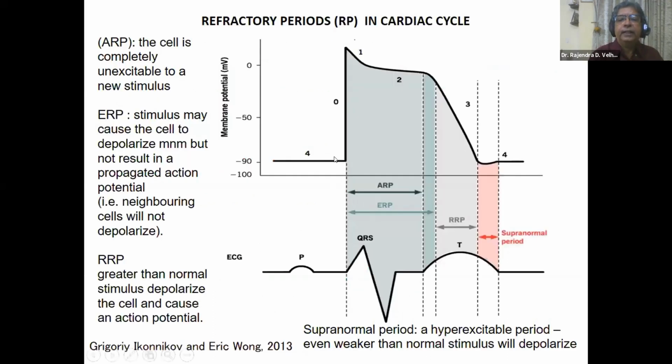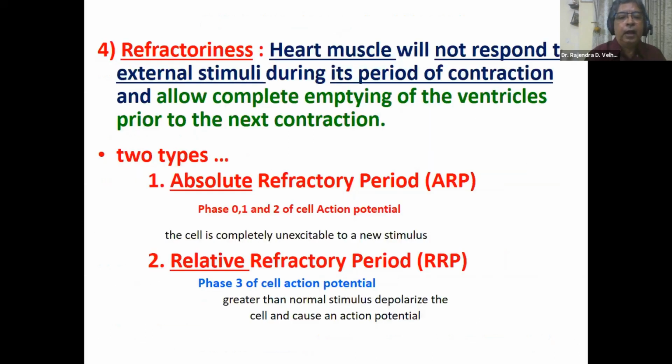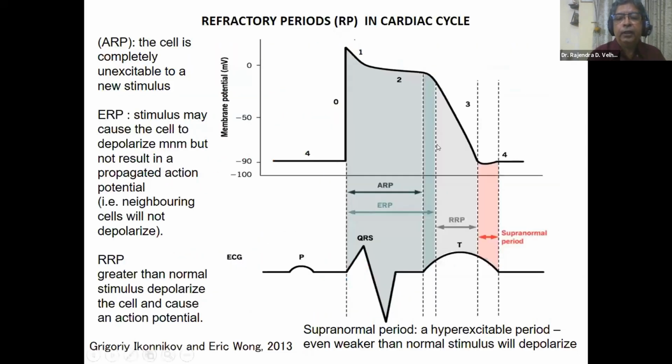Now, you can see this is phase 4. This is the depolarization phase. This is the early repolarization, plateau phase, and this is the repolarization phase. And again, this is the zero baseline. And this is the corresponding cardiac cycle. In the case of the absolute refractory period, you can see it is from the depolarization phase to the end of the plateau phase.